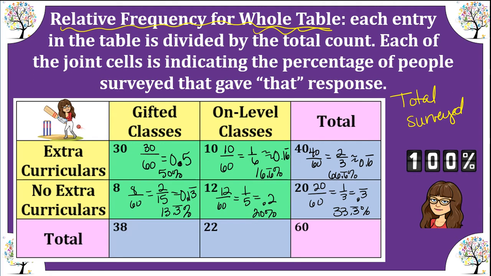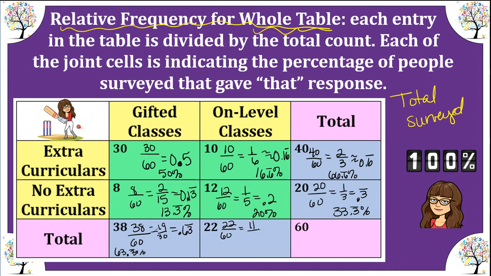Then the total that were gifted is 38 out of 60 that we surveyed. And of course, that can simplify by a factor of 2. So we may have 19 over 30. And that gives us 0.63 repeating, which is 63.3%, and that 3 is repeating. Then we have 22 folks that are in on-level classes that we surveyed.